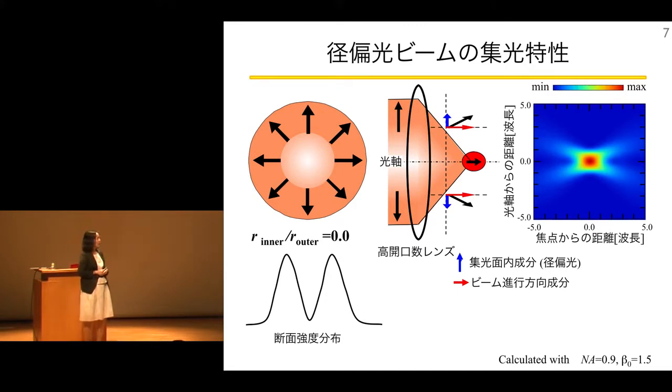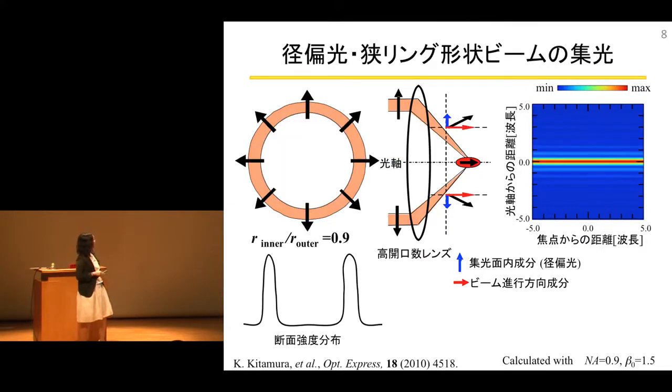So this is a very unique property. Now let's focus on the longitudinal component. When we collect the light using the lens, the radial component is also shown here. The radial component becomes bigger. If the radial component is bigger, it becomes difficult to collect the longitudinal component.